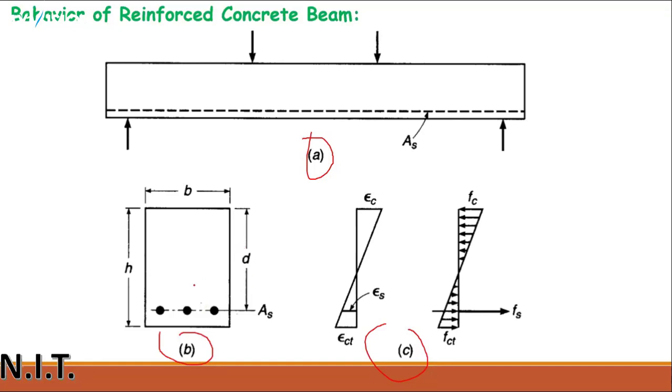As I have told you, this beam is showing the tension part, and the upper part is the compression part. From the center of the steel, this is called small d, which is also called the effective depth. B is the width of the beam and h is the height or thickness of the beam.